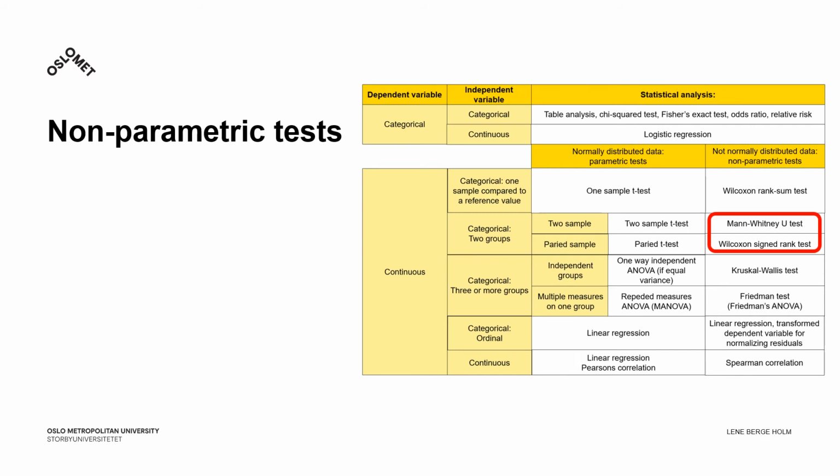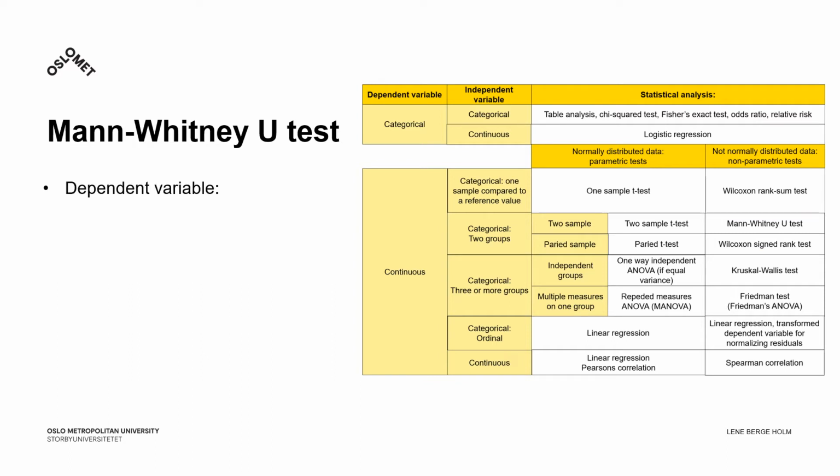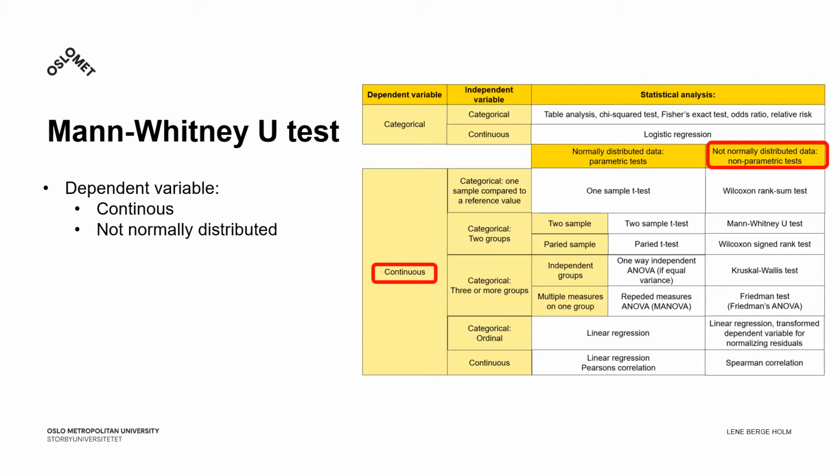I will now briefly go through two examples, one of a Mann-Whitney U test and the Wilcoxon signed rank test. The Mann-Whitney U test. If you have a dependent variable which is continuous, which you will find here in this table, and this variable is not normally distributed, then you will have to look in this column.